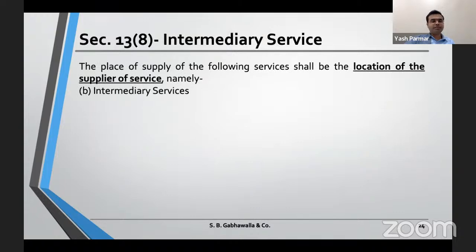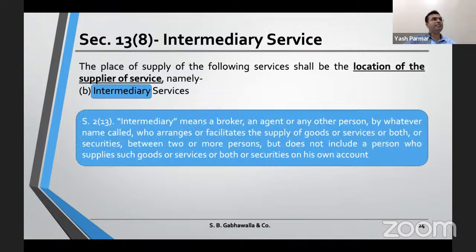We'll go to the next part of this section, which deals with the place of supply of services for intermediary services. This section says that the place of supply of service in case of intermediary services shall be the location of the supplier of service. And what do we mean by intermediary service? The term intermediary is also defined in the IGST Act.